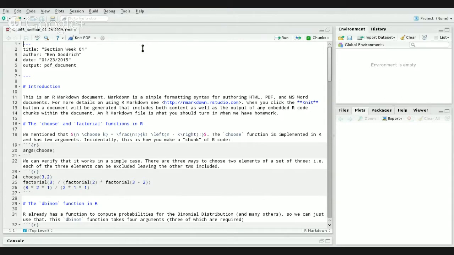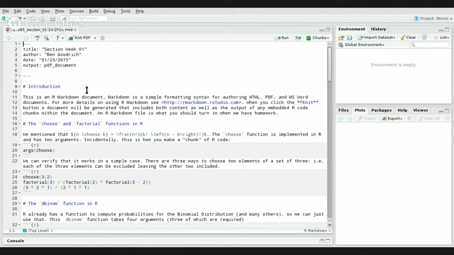So this file is an RMD file, which is a file format created by RStudio for making, displaying and conveying statistical information. As you can see in the introduction, this is what's known as an R Markdown document, or .rmd file.